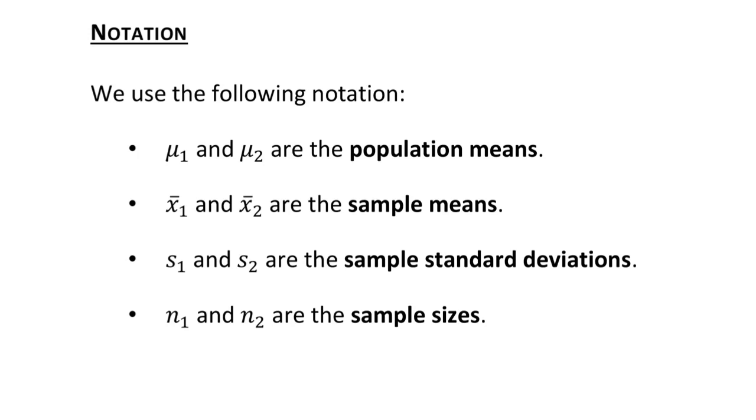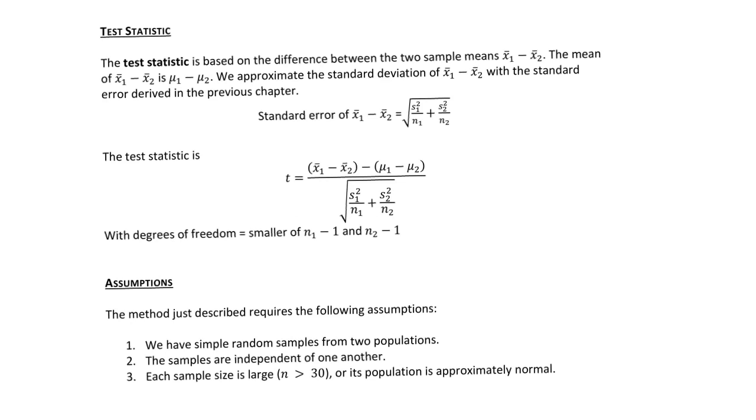Let's look at the notation used in this section. Mu1 and mu2 are the population means. x1 bar and x2 bar are the sample means. S1 and S2 are the sample standard deviations. N1 and N2 are the sample sizes. Here the test statistic is based on the difference between two sample means.